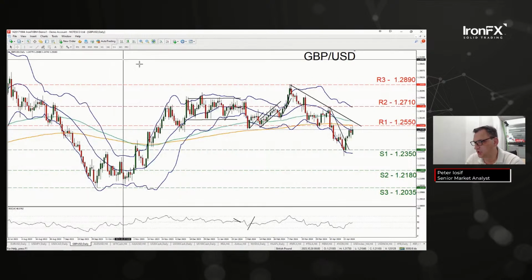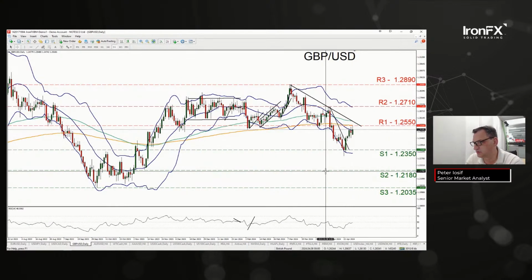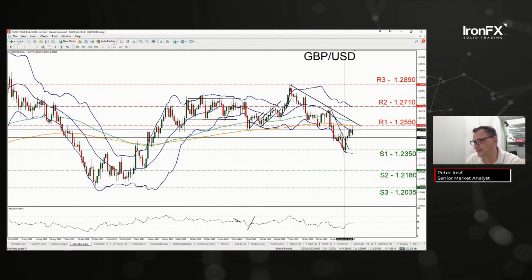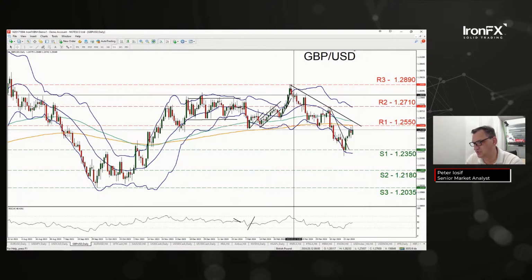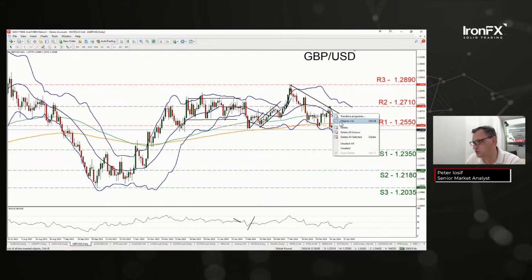Back in the daily chart, that's also pretty obvious. But once again, for a bullish outlook, I would require the pair to breach the R1 1.2550, and it definitely has to breach the downward trend line, which was instigated practically on the 8th of March, before actually switching my bearish outlook.